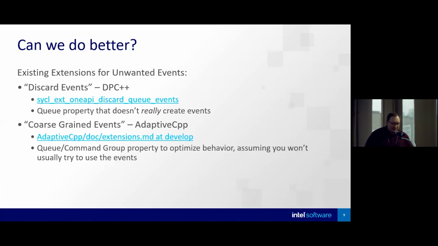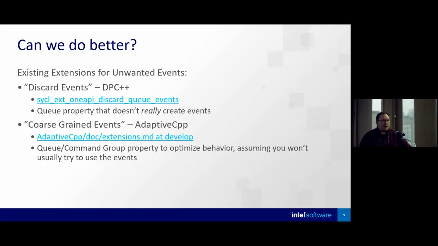And that's another property on a queue that says, don't really create events. They'll still be there, but we won't create the underlying backend event. So we don't pay that cost. But that has several complications and some unfortunate side effects as well.